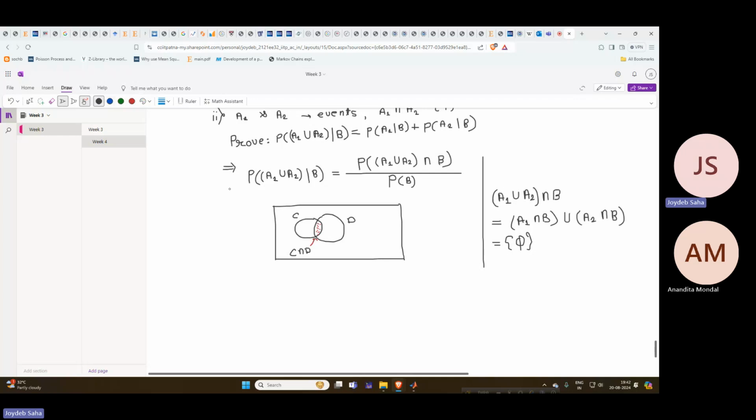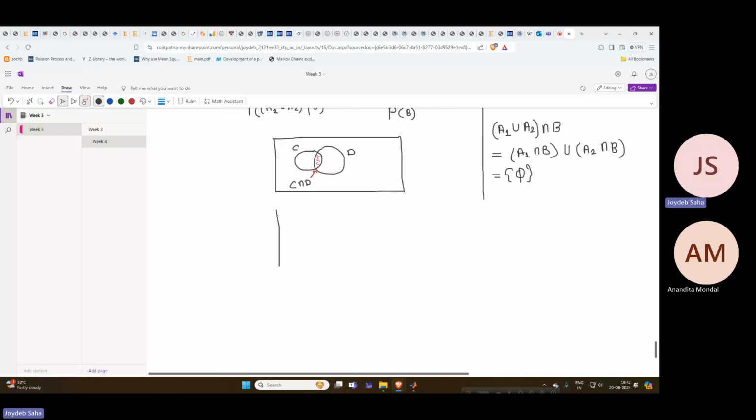Now come to the next thing. This is a sample space and there is an event, let us say E, and there is another event F. Okay, and F is phi only.